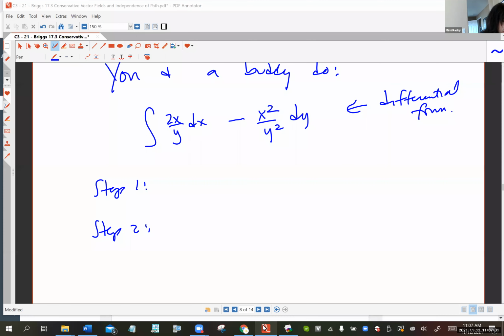But what they'll do is put the beginning point on the bottom of the integral symbol, and they'll put the ending point at the top of the integral symbol. Ooh, that looks kind of weird. I know, but that is a standard notation. So step one, I want you to prove the vector field is conservative.